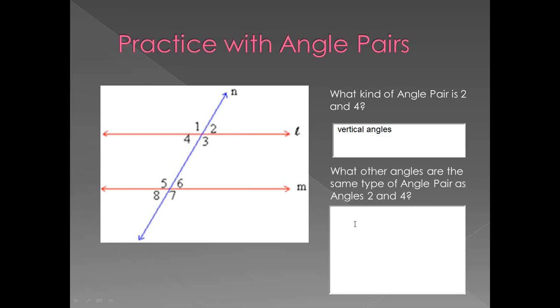Good, I'm seeing a lot of good ones. All right, so let's go ahead and list these. Good, 5 and 7 is 1. All right, so we have 1 and 3 is also vertical. 8 and 6. 5 and 7. Did I miss any, or is that it? Yeah, those are all of them besides 2 and 4. All right, good job.